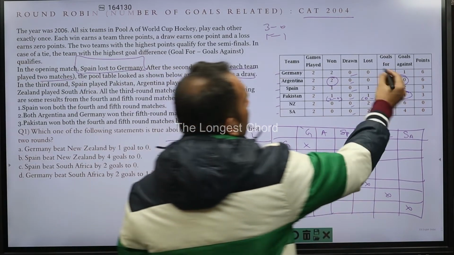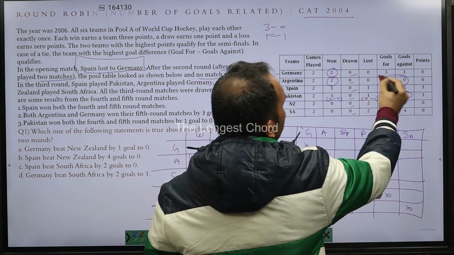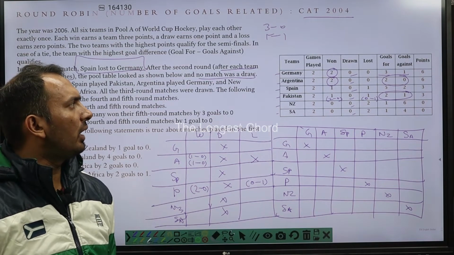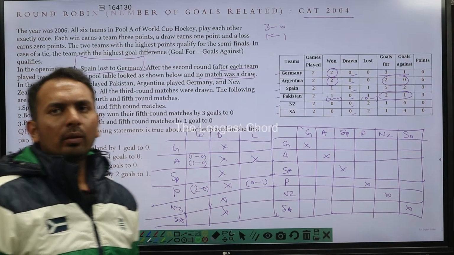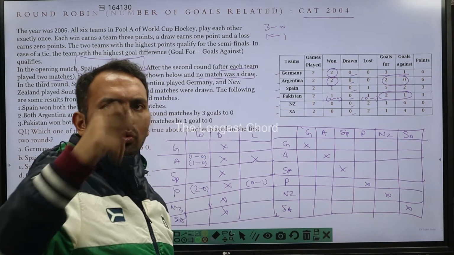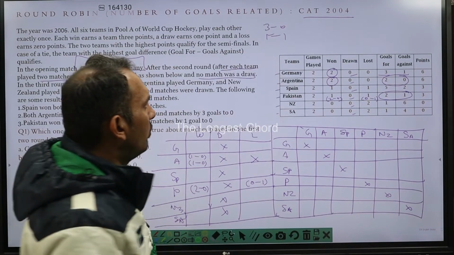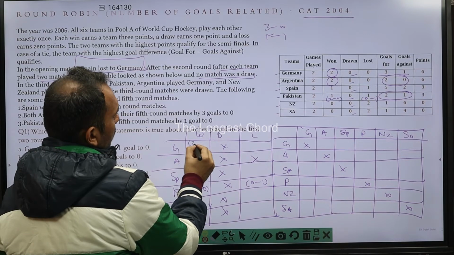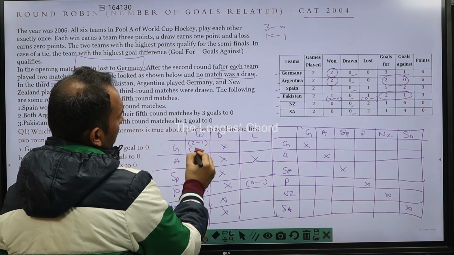Also, if there are 2 wins here, this is 3-1. So there has to be 2-1 and 1-0. By common sense we can say it has to be 2-1 and 1-0.